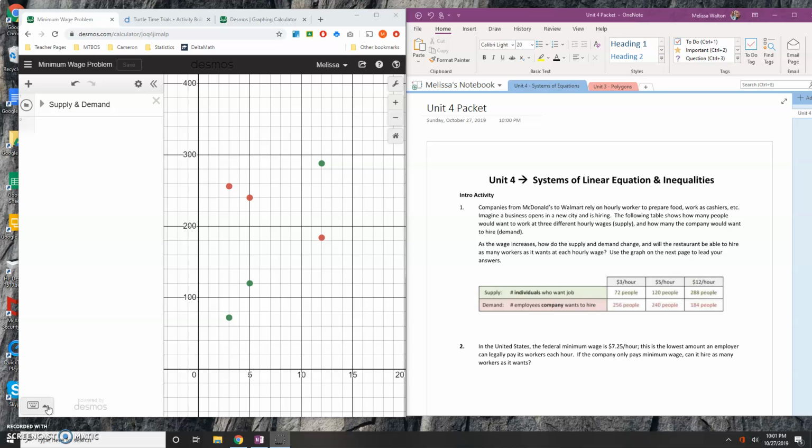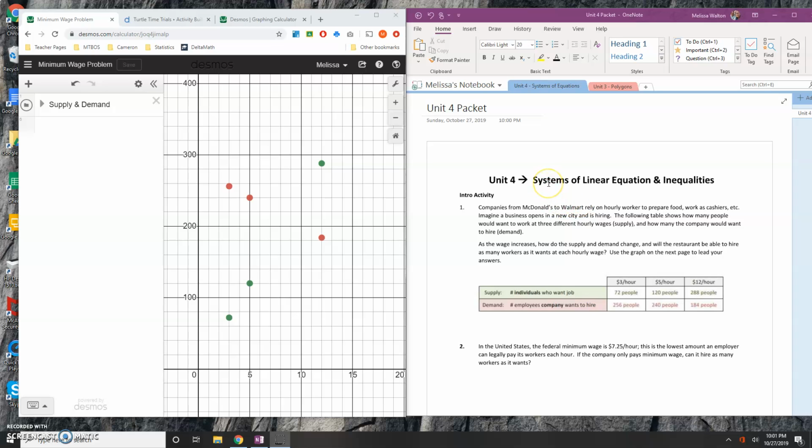And we are going to be exploring Unit 4 together. So here's what we've got. Unit 4, we have systems of linear equations and inequalities. And when I say systems, well, we already know what linear equations are. We've known how to write them, graph them, work with them all from last chapter.